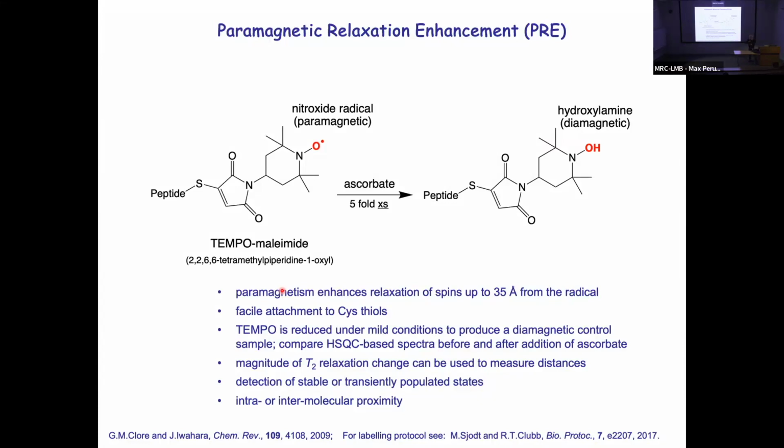So it can be used in terms of a spin label for working out aspects of the geometry of proteins.